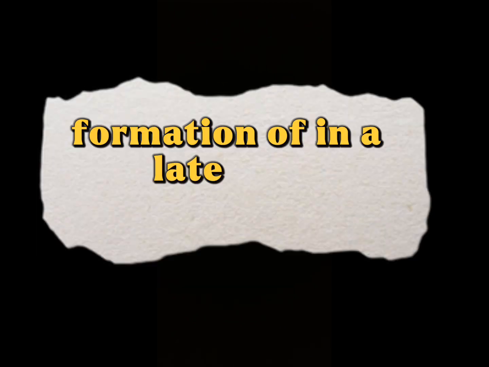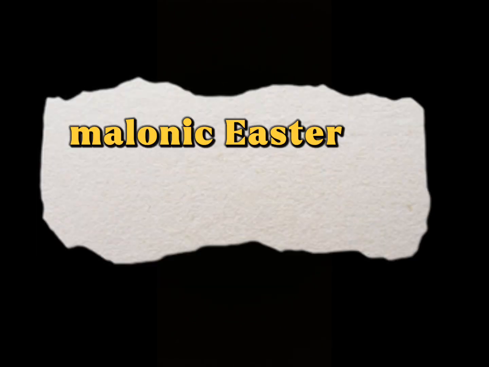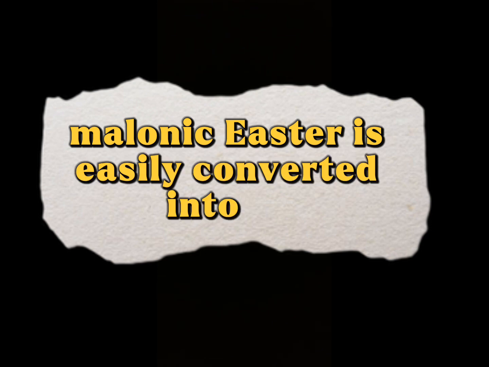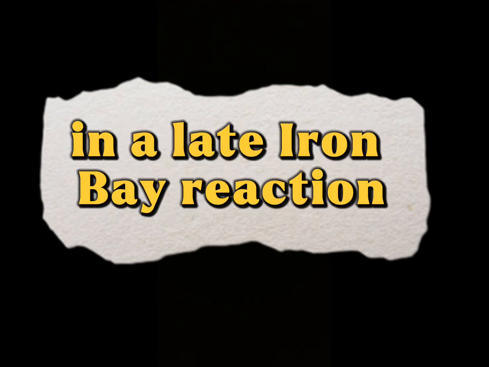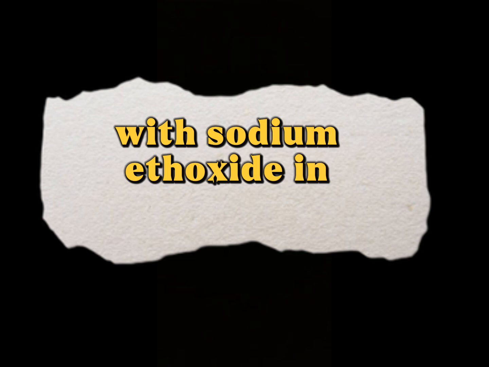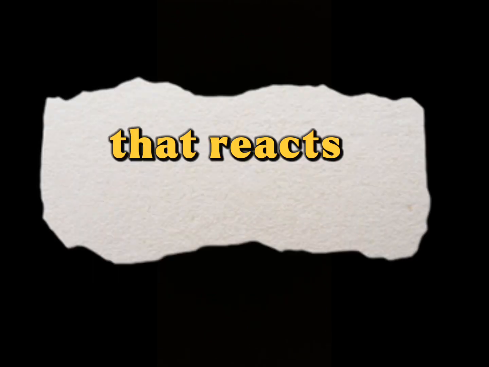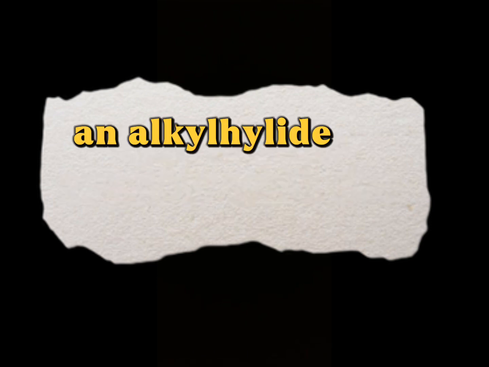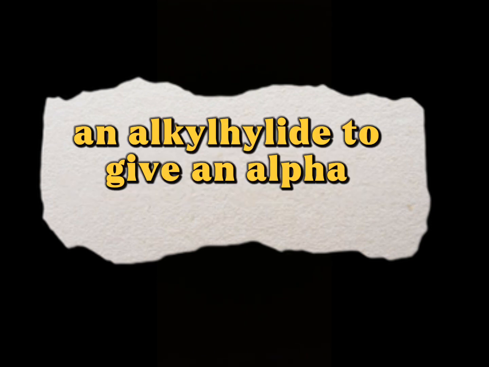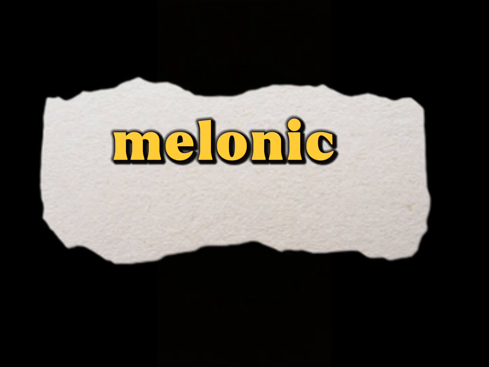Formation of enolate and alkylation. Malonic ester is easily converted into its enolate ion by reaction with sodium ethoxide in ethanol. The enolate is a good nucleophile that reacts rapidly with an alkyl halide to give an alpha-substituted malonic ester.